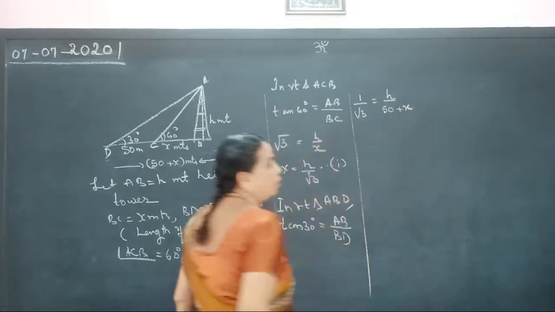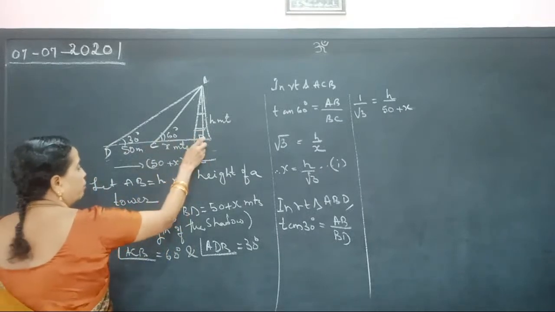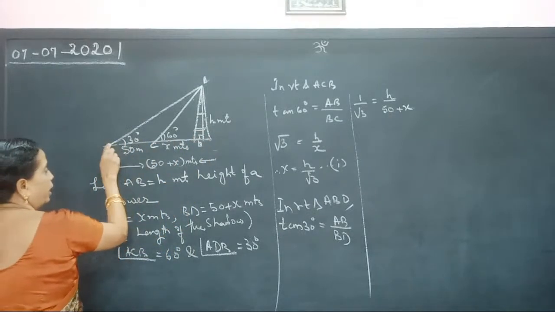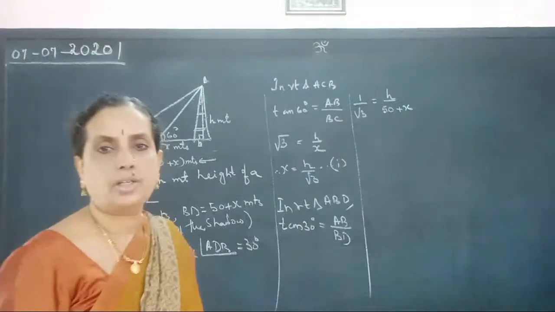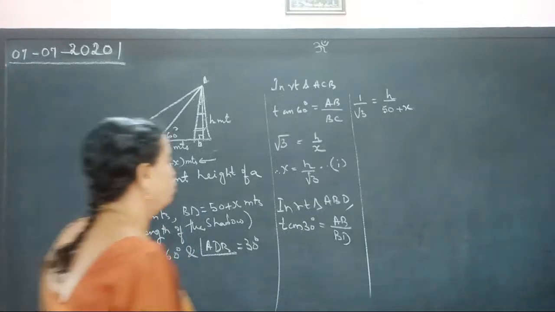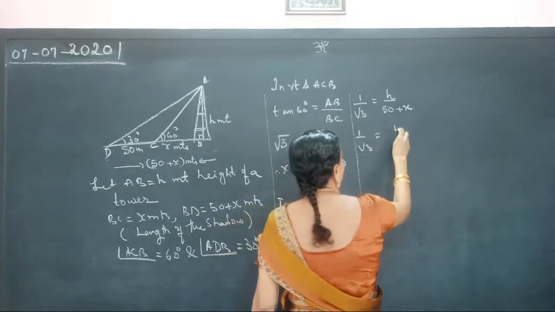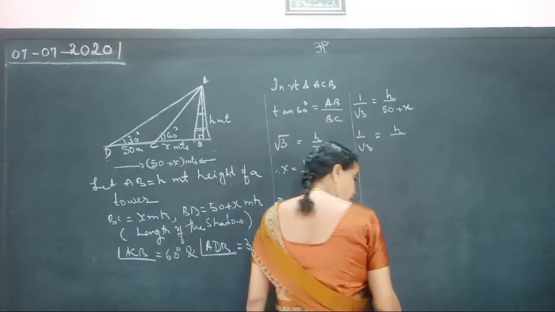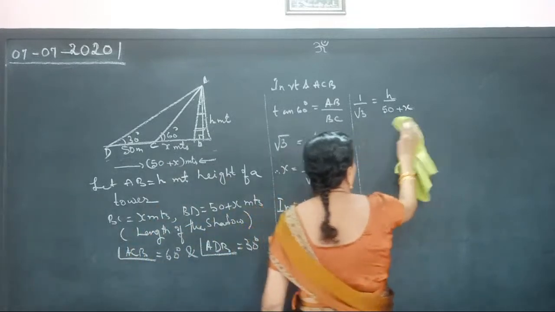We consider always the base from the foot, from here to here. We cannot consider only 50 because it is not the right angle triangle when we consider DC as base. So now 1 upon root 3 equals h by 50 plus x, or we can do the cross multiply. Later you can substitute, that will be simpler.